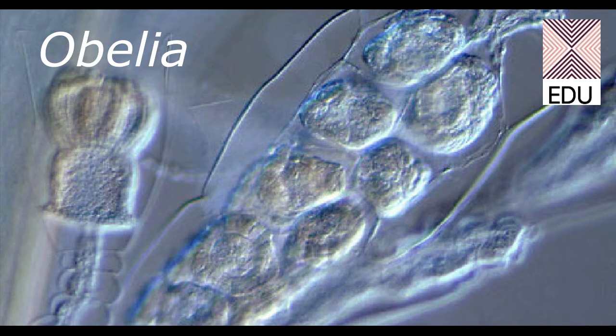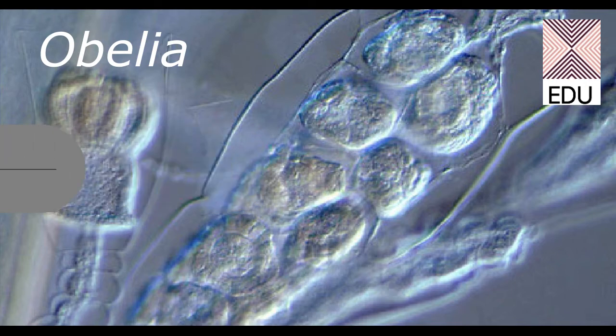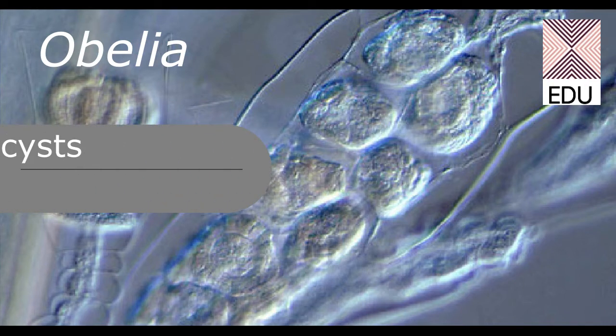A nutritive zooid is also called a gastrozoid, or sometimes it is referred to as trophozoid. It is a yellowish body which has many tentacles, and these tentacles have a very special feature: they have stinging cells called nematocysts.